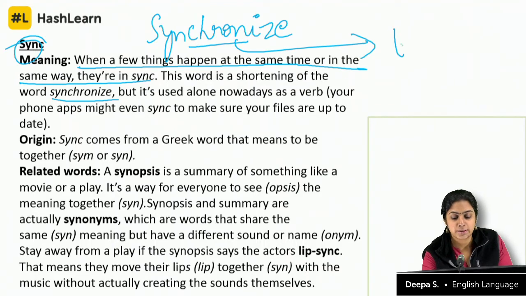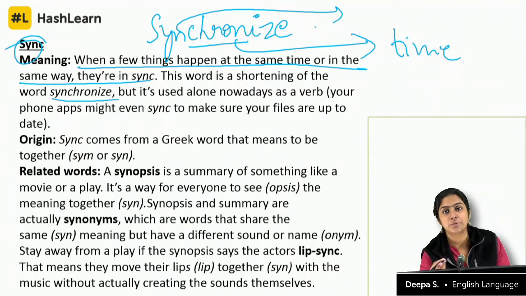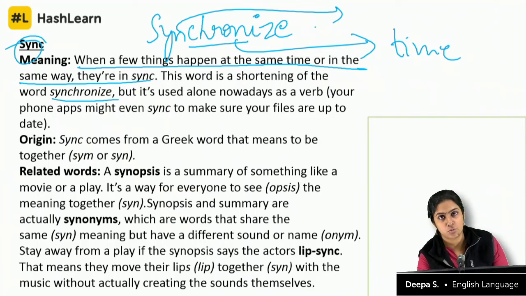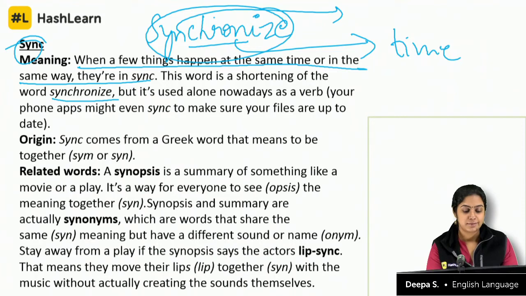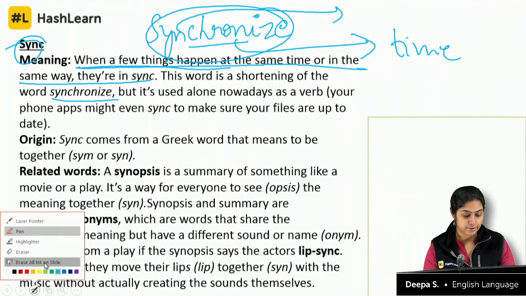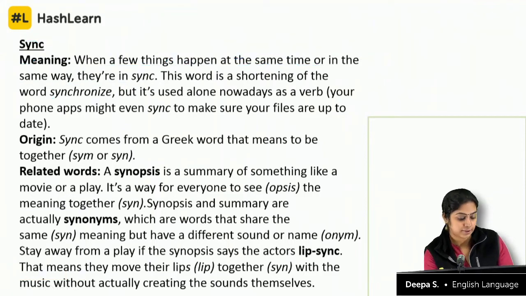Chron is to do with time. Sync is to put it in the same time, so on and so forth. So synchronize is, look at this, when a few things happen at the same time, they're just in sync.